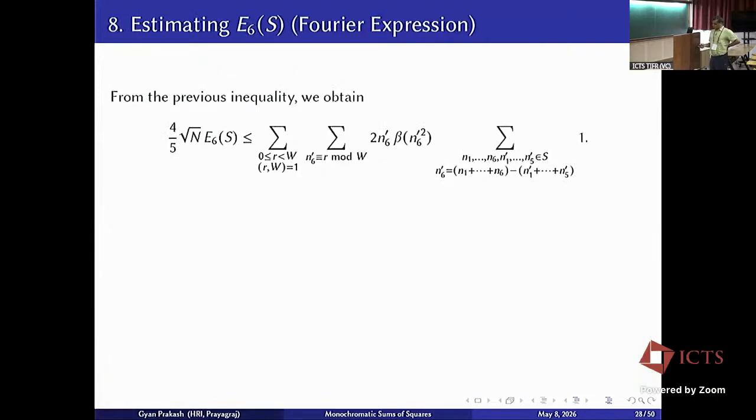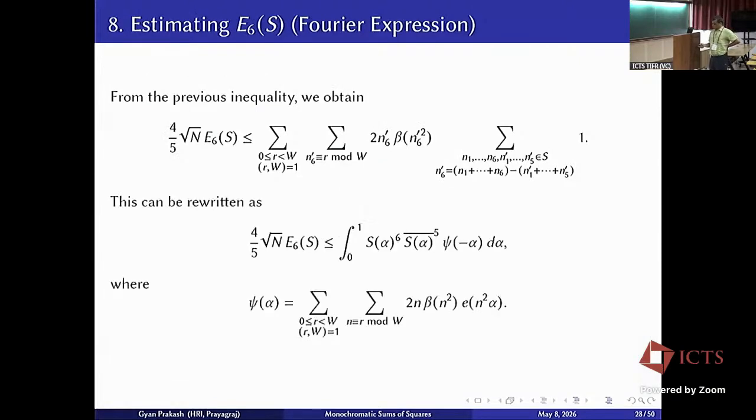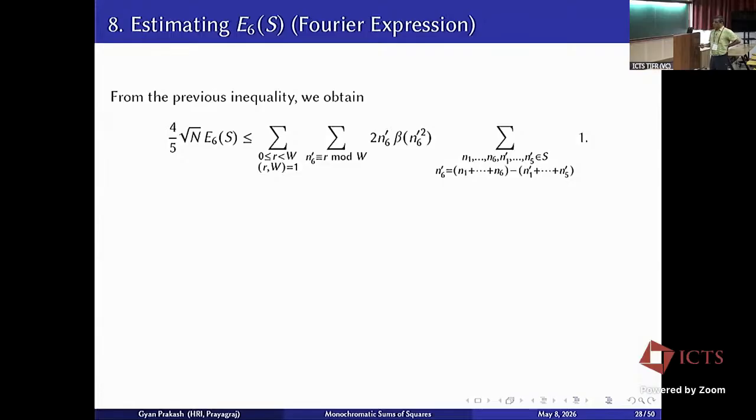Now E6S is the sum of this N1, and sorry, this, right. So maybe I can rewrite here. So E6S is, can one see this?